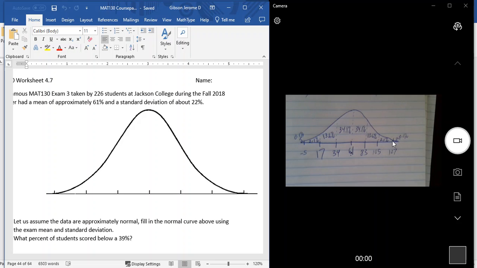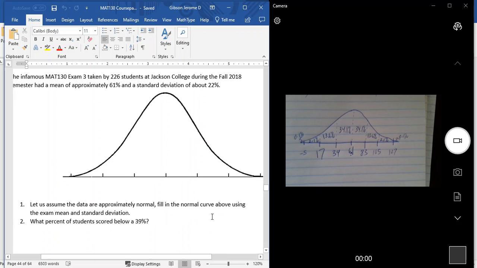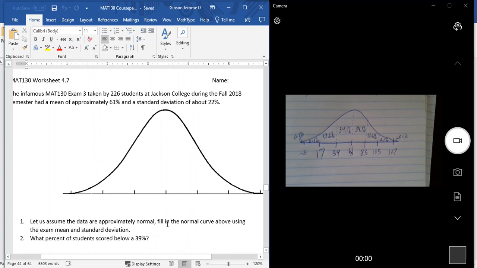Now, it says, let us assume the data are approximately normal. Fill in the normal curve above using the exam mean and standard deviation. We did that already. What percent of students scored below a 39%? So this is 39%, and we look at the percentages below this.